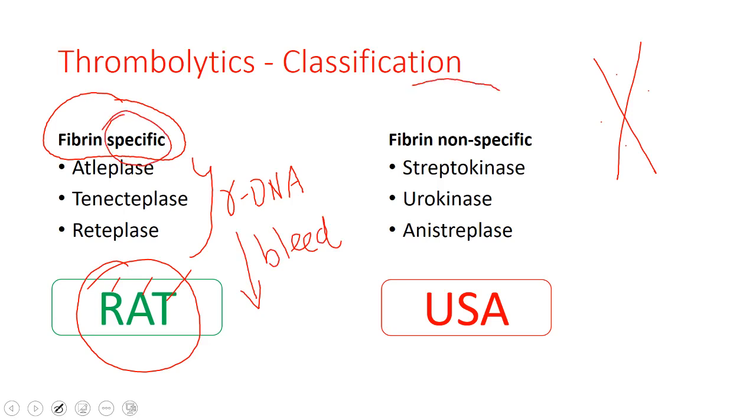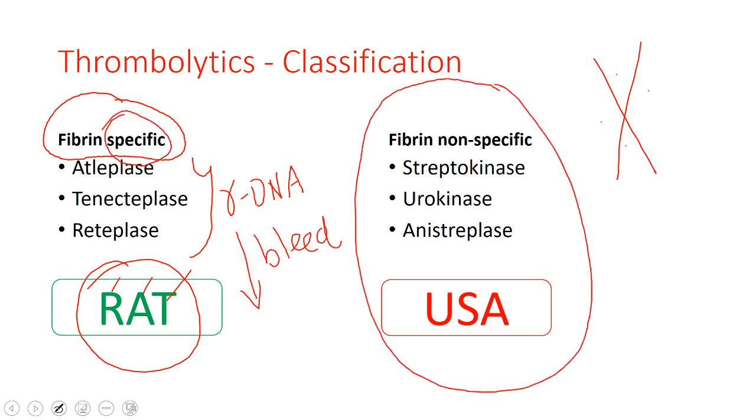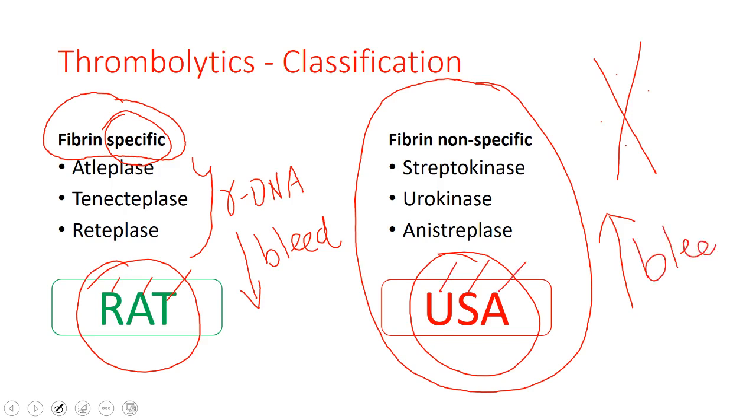And we have 3 others which are non-specific, which have increased risk of causing harm: urokinase, streptokinase, anistreplase. So they have increased risk of bleeding because of their non-specific activation or conversion of plasminogen to plasmin.